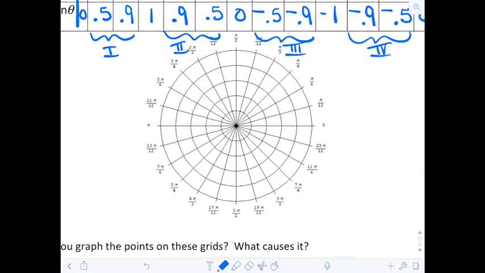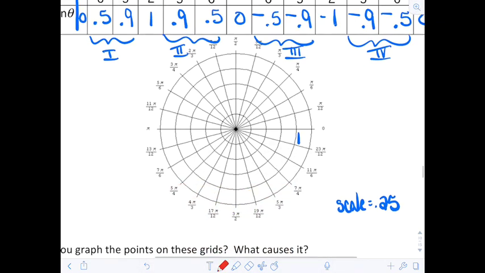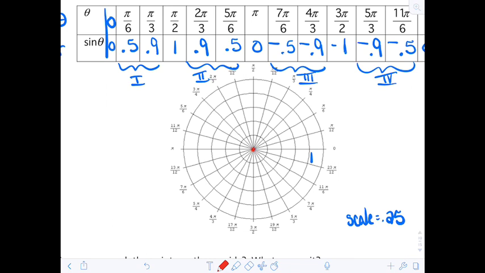And now we're going to plot this. We're going to use the same scale of 0.25. And so I'm going to go out 1, 2, 3, 4. There's 1. And let's construct our graph. So we're going to start with 0, 0, pi over 6, 0.5, pi over 3, 0.9.